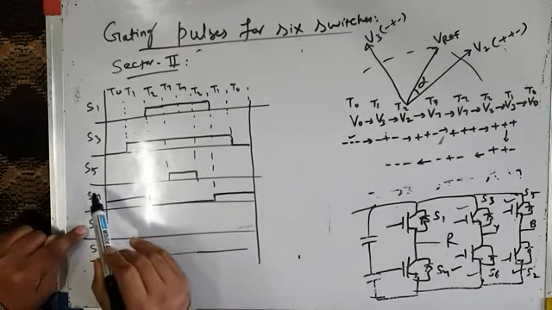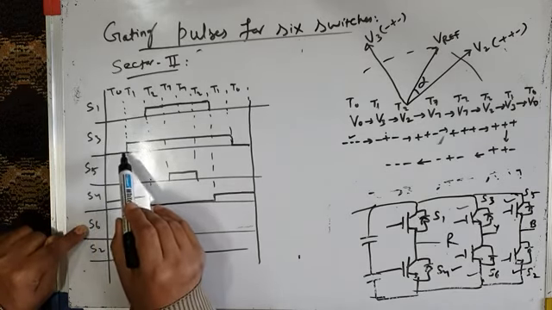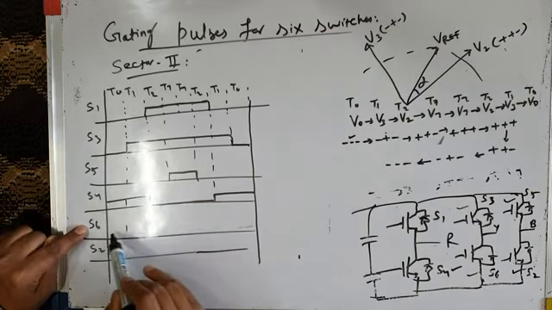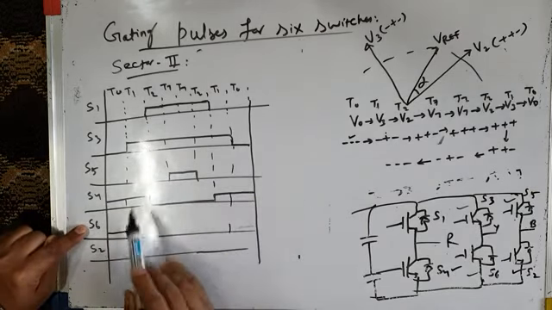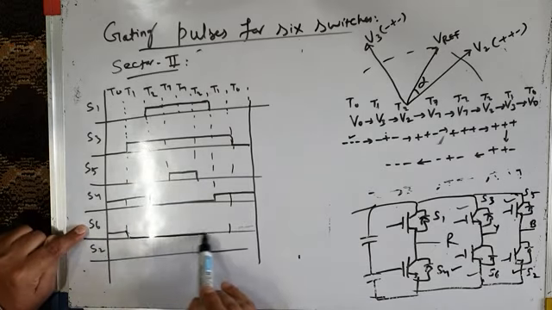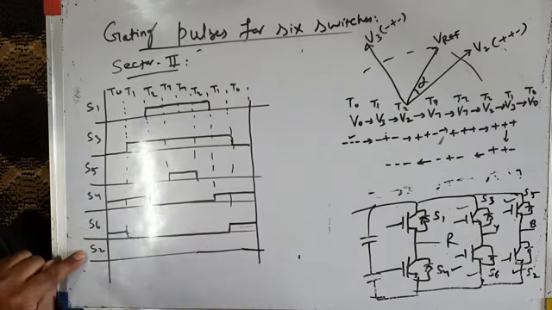Then again, S6 is complementary of S3. ये ऑफ है पहले इंटरवल में, तो ये हाई होगा। ये हाई है यहाँ से यहाँ तक, तो ये लो होगा, इसकी कंट्रोल पल्स लो रहेगी, and then it will be high in last interval. S2 is complementary of S5.